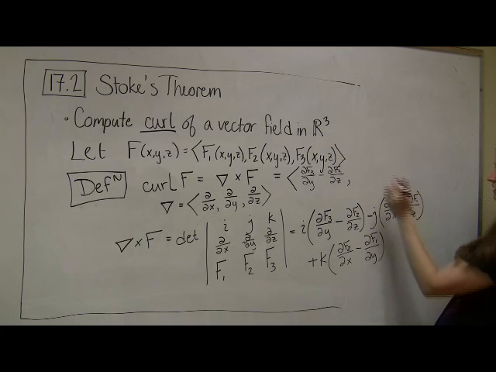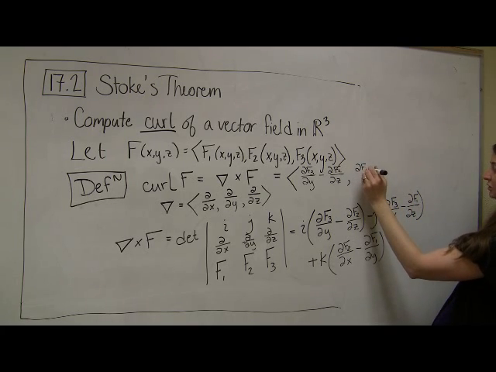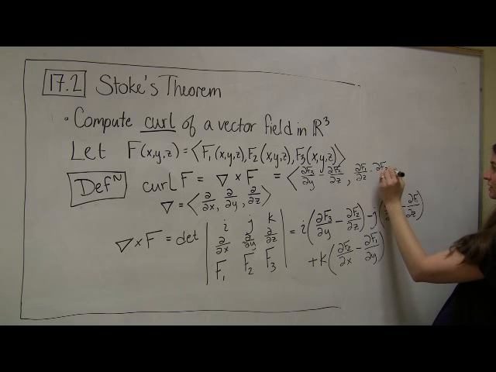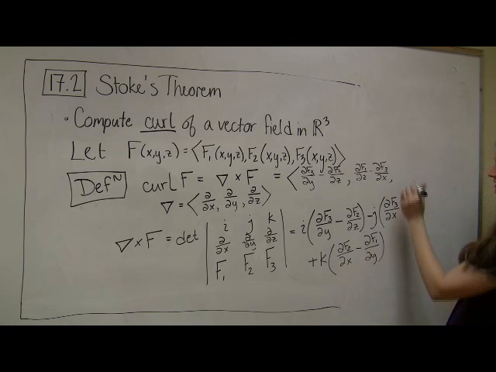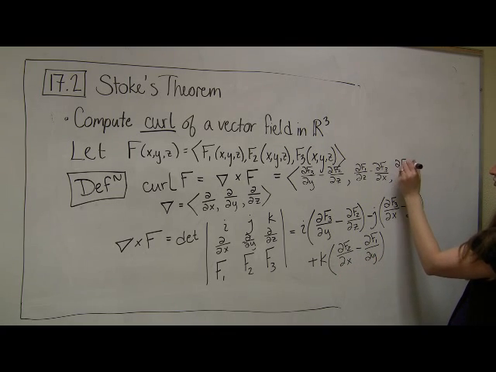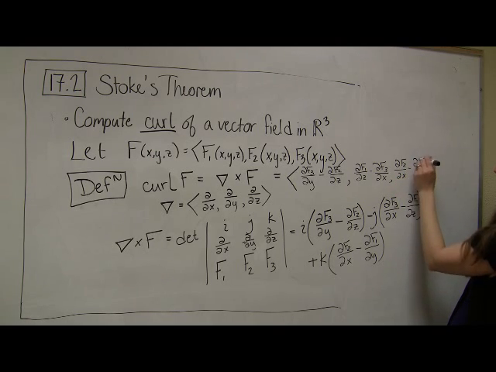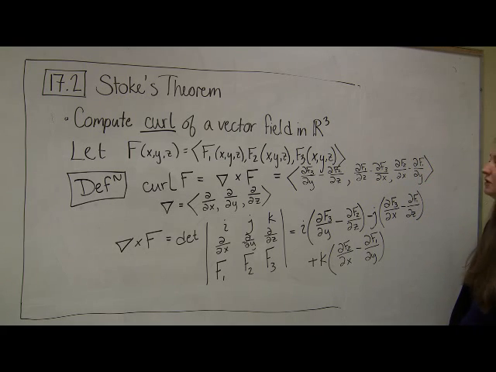When I distribute the negative sign, I end up with the partial derivative of f1 with respect to z minus the partial derivative of f3 with respect to x. And then my final component is the partial derivative of f2 with respect to x minus the partial derivative of f1 with respect to y. So that's my vector notation for the curl of F.